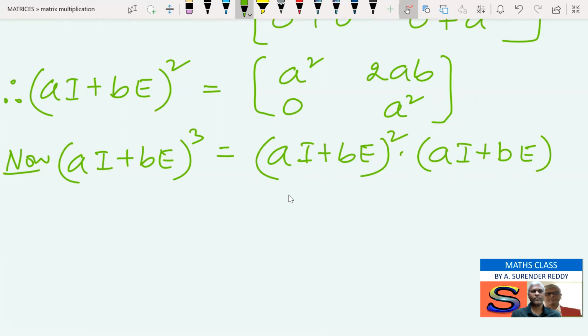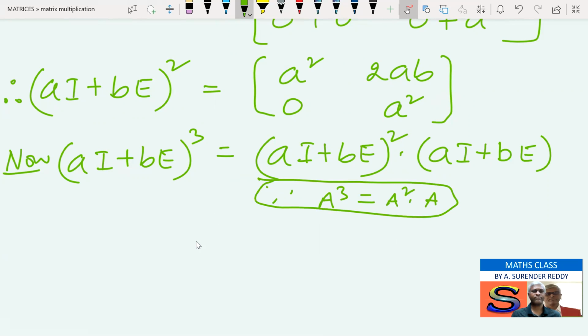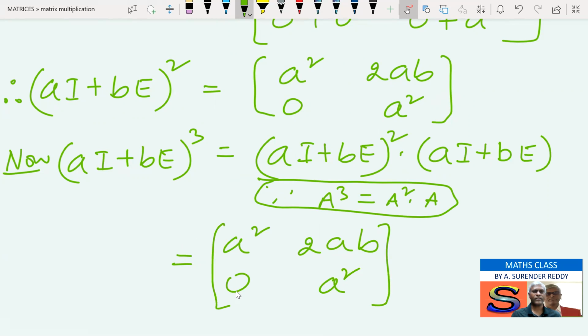Just like A cube is equal to A square into A. Now aI plus bE whole square, we just found, is a square, 2ab, 0, a square. And aI plus bE is a b 0 a.